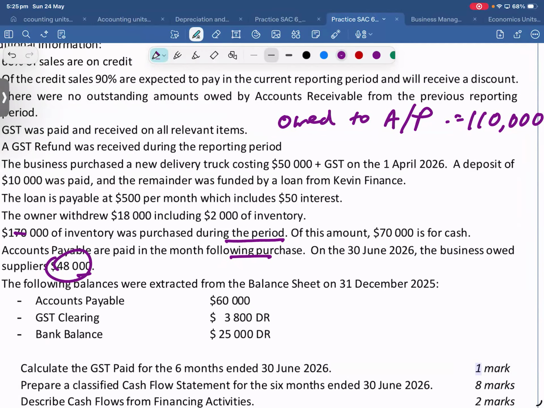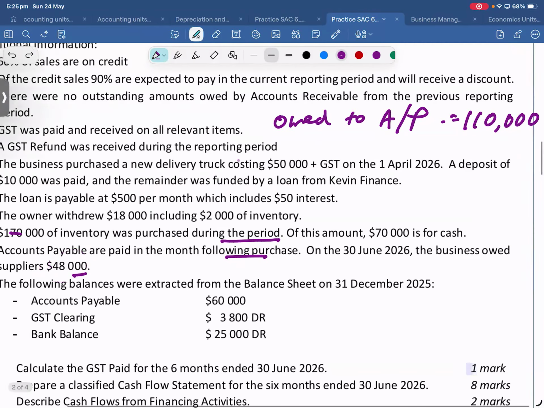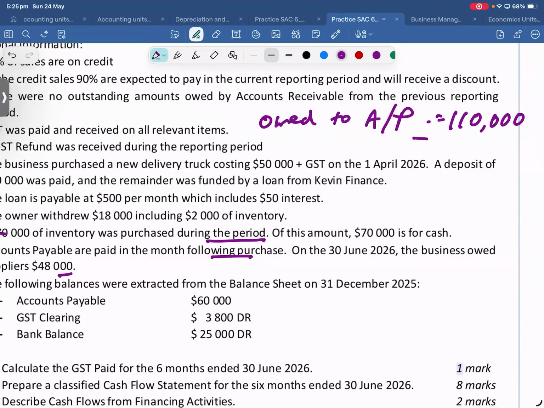Is that 48 included in 110? Yes. So how much has been paid off? You subtract 48,000. So then 62,000.